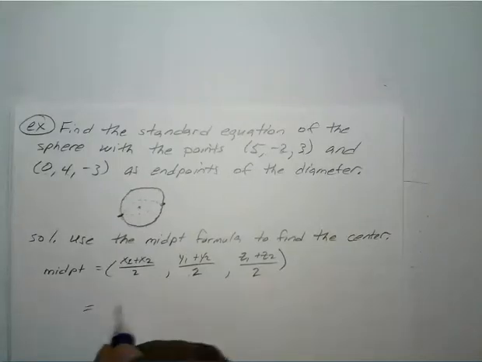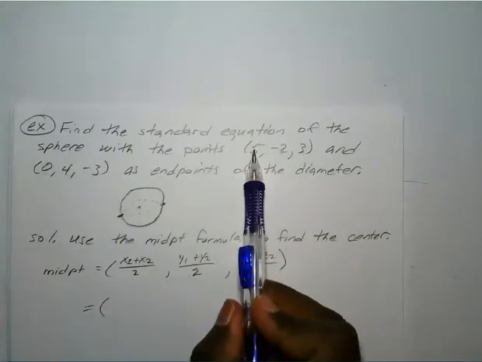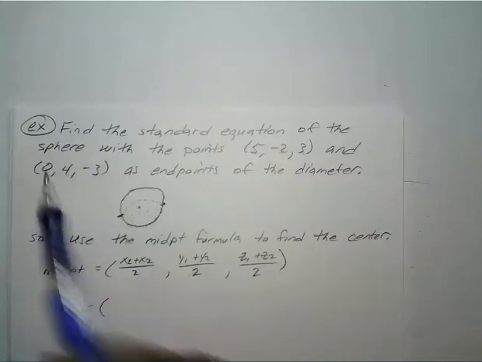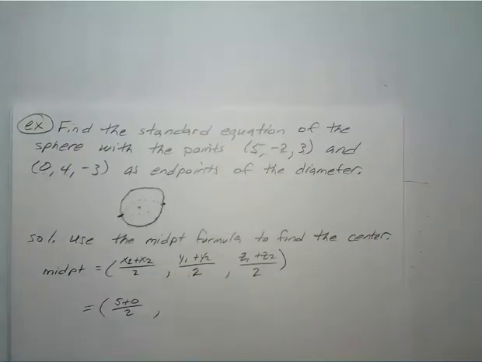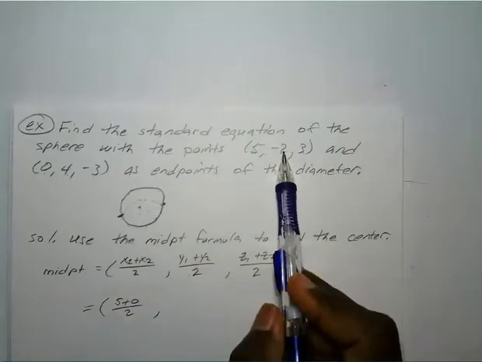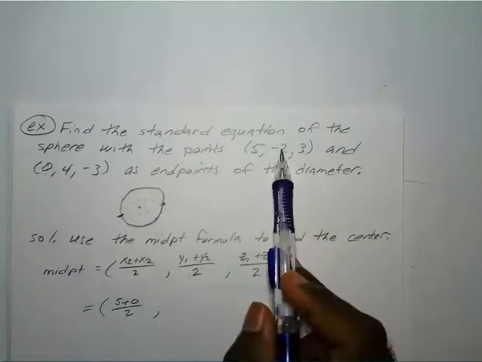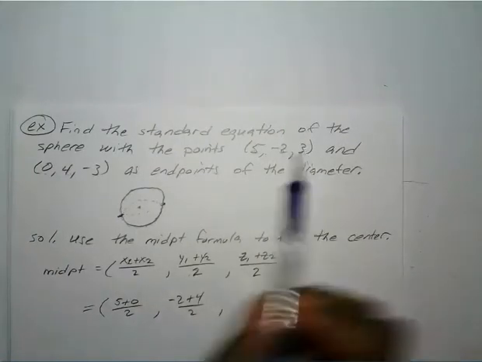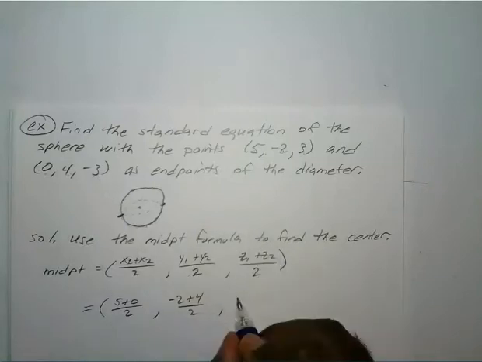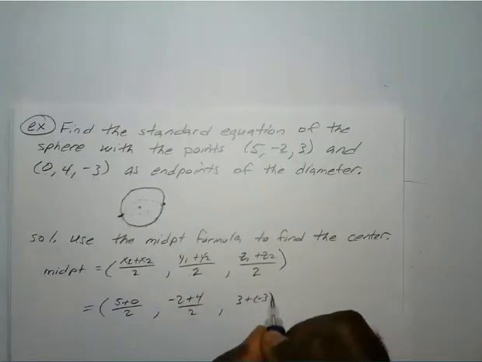Alright, so if we plug those in, x1 is 5, x2 is 0, so we have 5 plus 0 divided by 2. For y1, y2, we have -2 plus 4 divided by 2. And 3 plus -3 divided by 2.